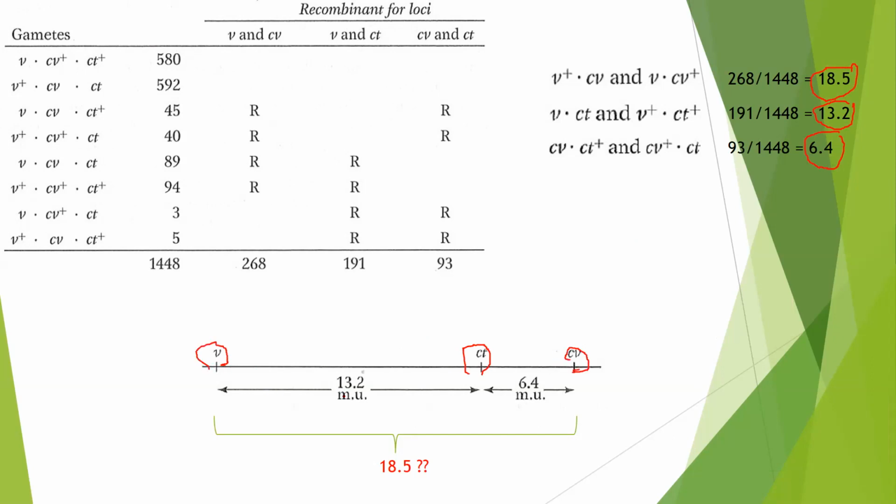You put the small numbers here, and you do not have to do the correction. You just add up these two numbers to give the largest map distance, which is 19.6. I hope this is clear.